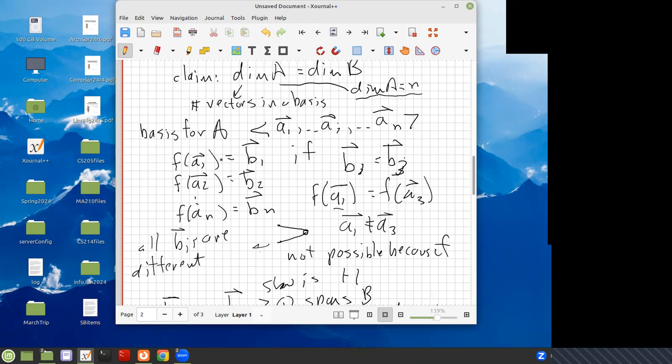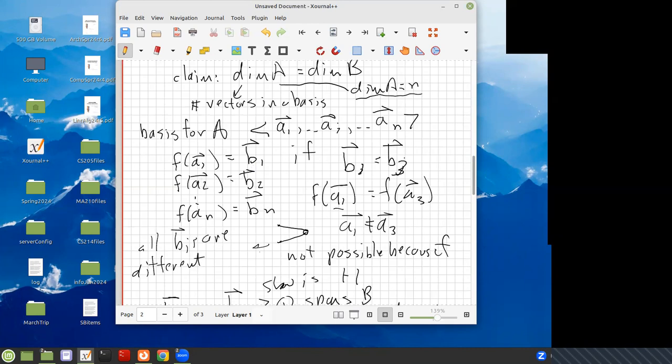But if this were just a linear map, it could be that all these B's were the same. So why do I have n vectors here? I have n vectors here because the map F is 1 to 1. I can't bunch up.